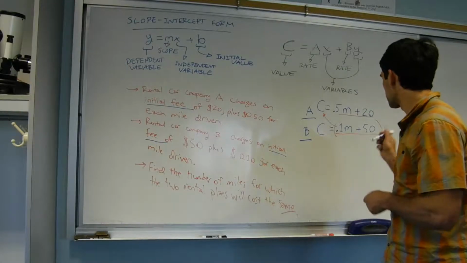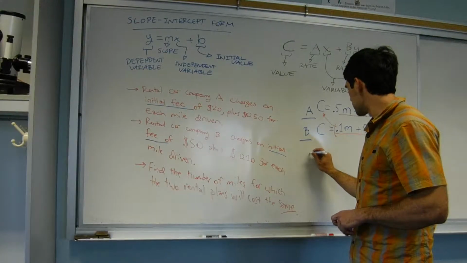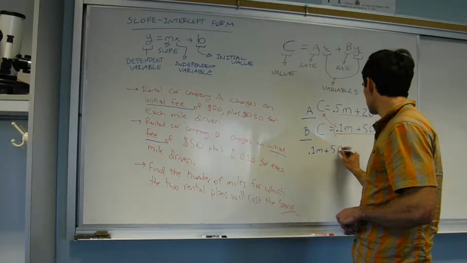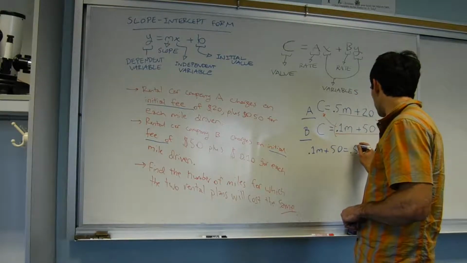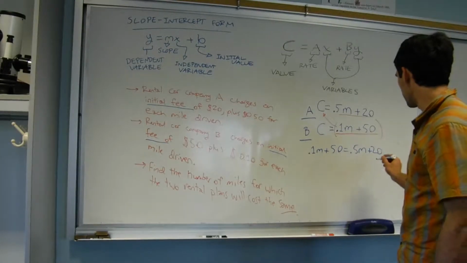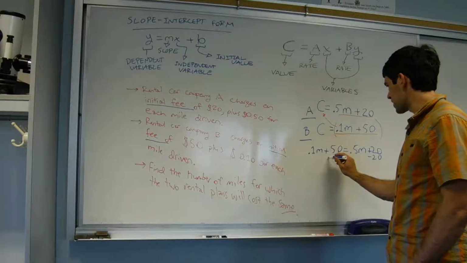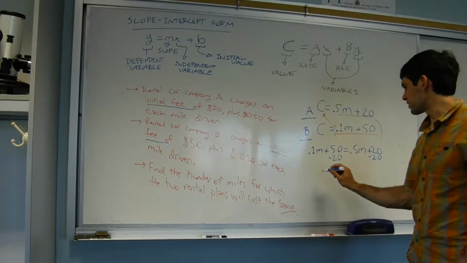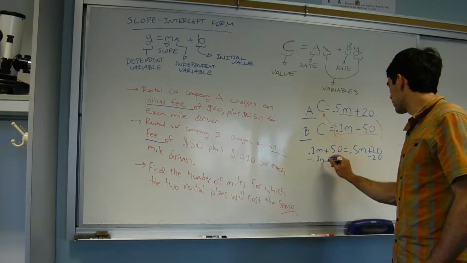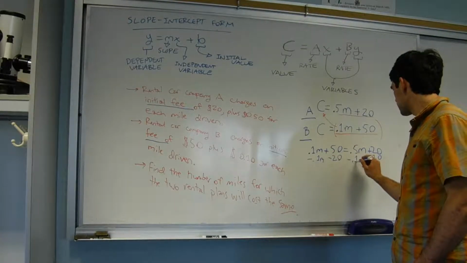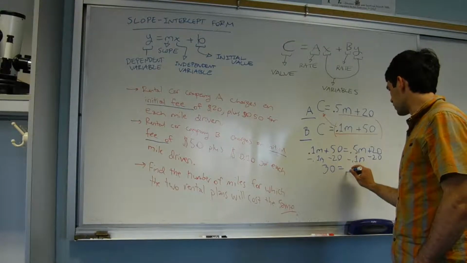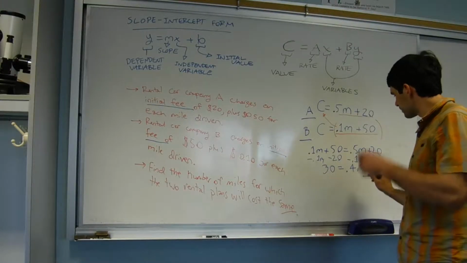Using that substitution, we get 0.1m plus 50 is equal to 0.5m plus 20. Let's subtract 20 from each side, and let's subtract 0.1m from each side as well. That will give us 30 is equal to 0.4m.